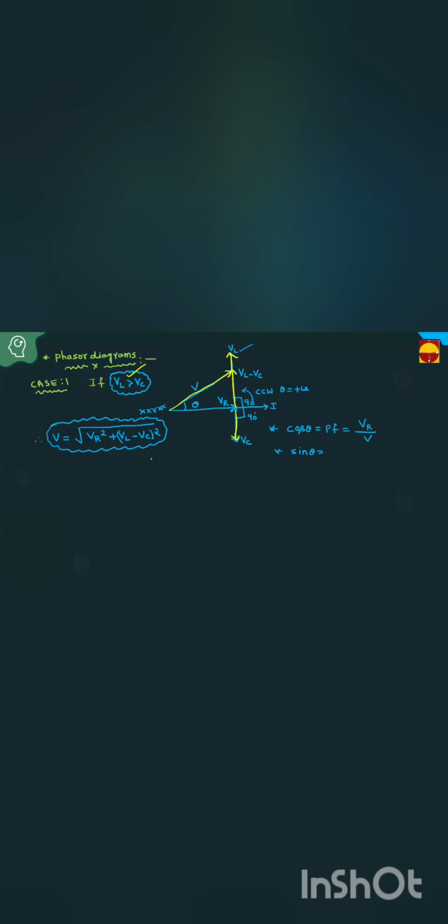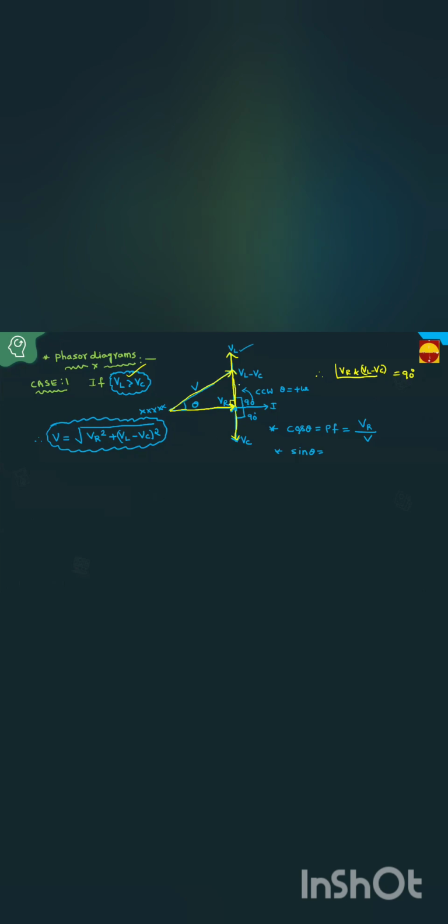VL minus VC. Then you write V equals square root of VR square plus VL minus VC whole square. What is the angle between VR and VL minus VC? Can you tell? This is VR and this is VL minus VC. It is 90 degrees.